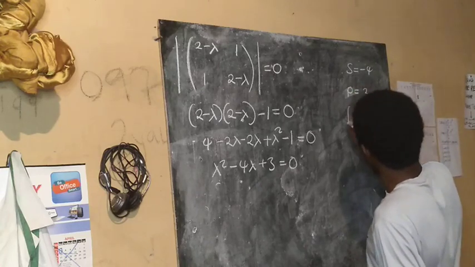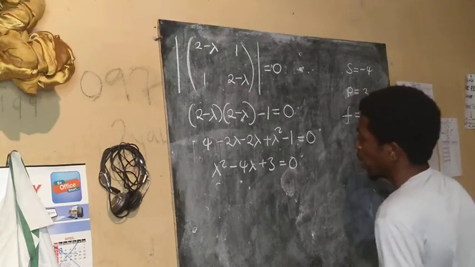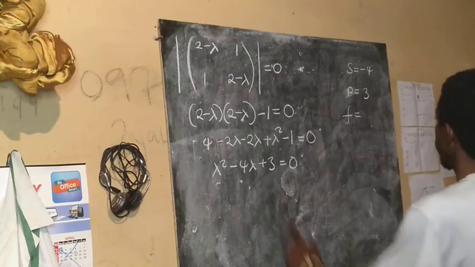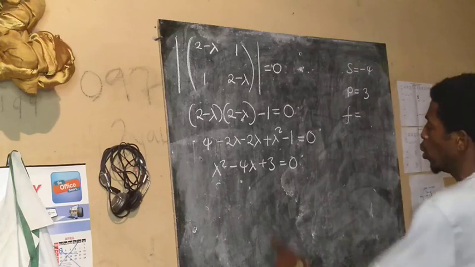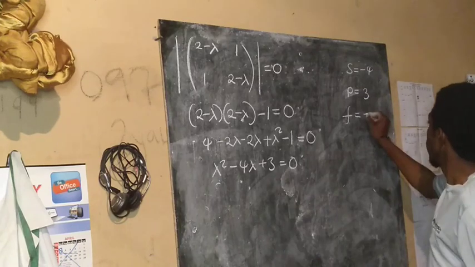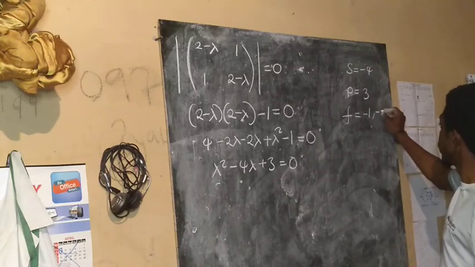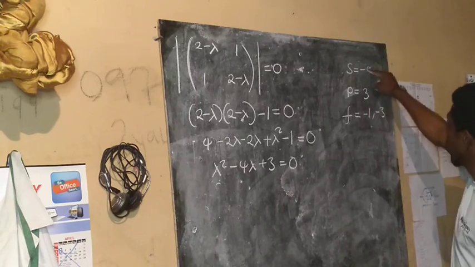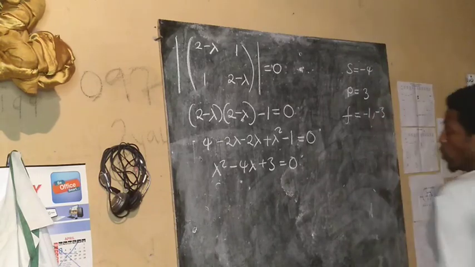What are our factors? These are numbers that when we add, we get negative 4, and when we multiply, we get positive 3, which are negative 1 and negative 3. When I add, I'm getting negative 4. When I multiply, positive 3.